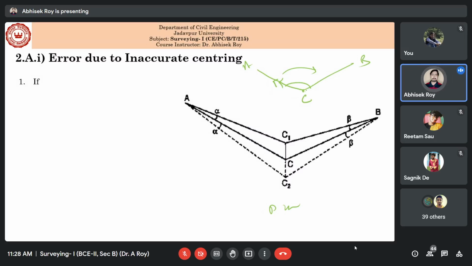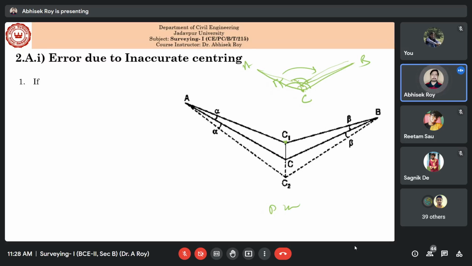But suppose this centering is wrong. Suppose the point where you have centered is basically at this point, at C1. Your ground point is relatively at a different point than C.